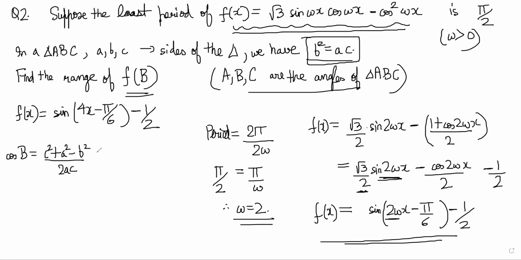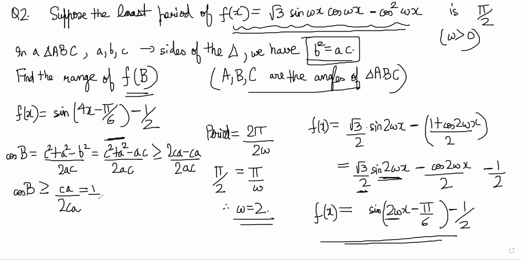Now, this can be written as (c square plus a square minus ac) by 2ac, right? And this is greater than or equal to, using AM-GM on c square plus a square, which we can write as 2ca, so (2ca minus ca) by 2ac. So we have cos B is greater than or equal to ca by 2ca, which is equal to half.